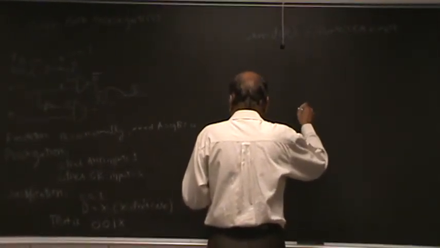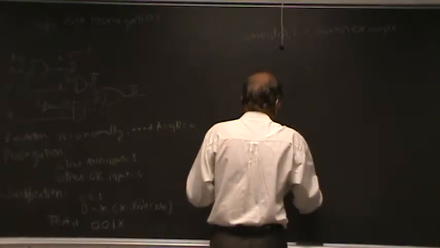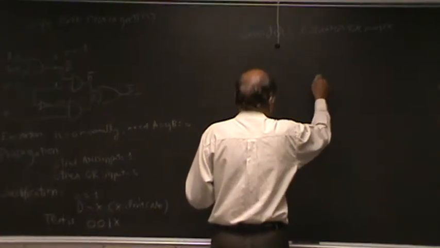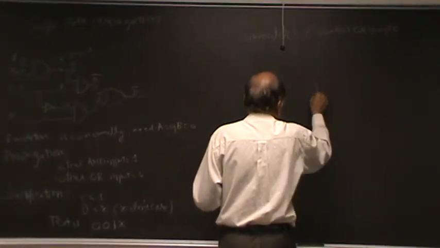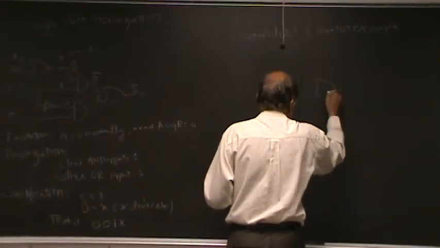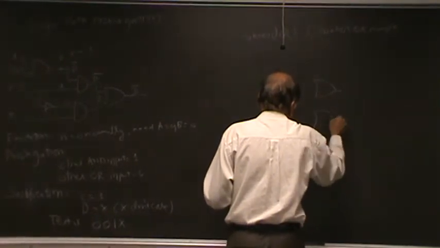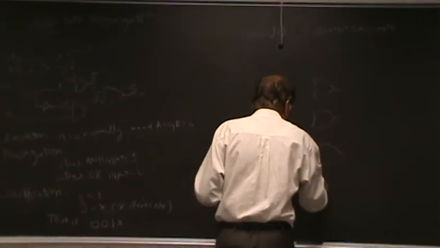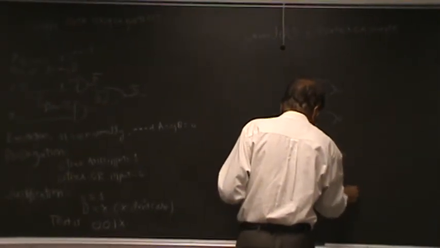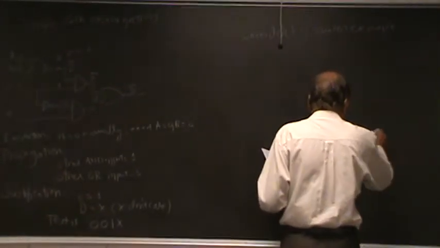So I need a bunch. I need 4 NOR gates here. So let me first get 4 NOR gates here. And a NOR gate here.